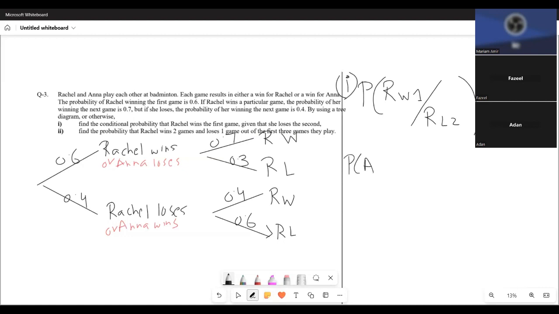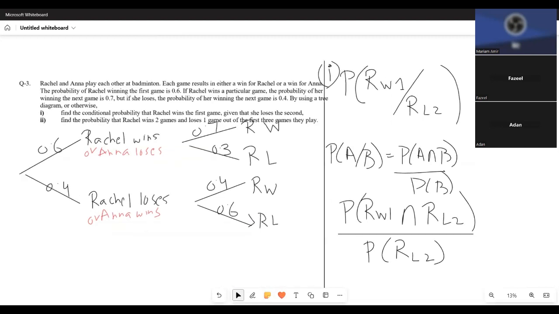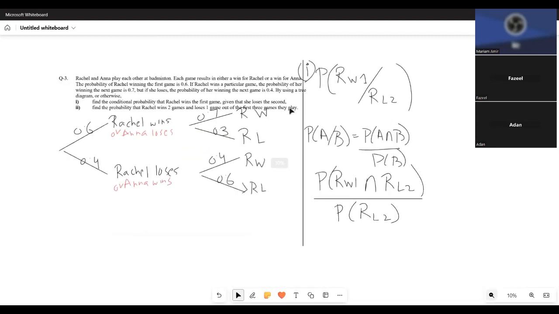Probability A given B was probability A and B upon probability B. So this would be probability Rachel wins the first game and Rachel loses the second game upon probability Rachel loses the second game. Okay. So numerator पहले find करते हैं.